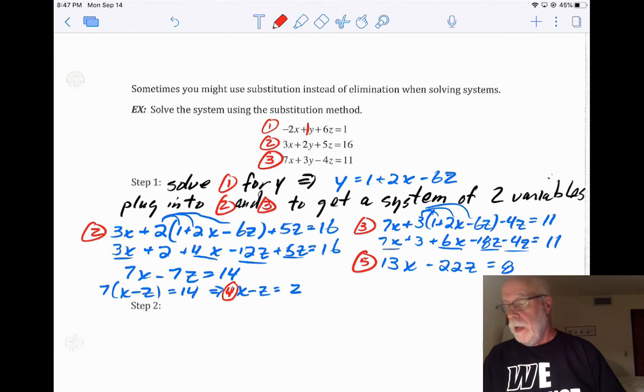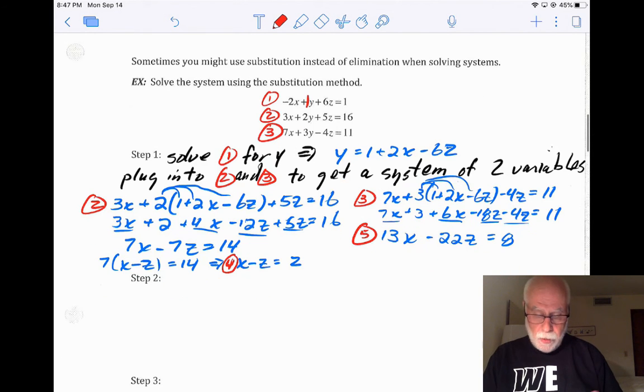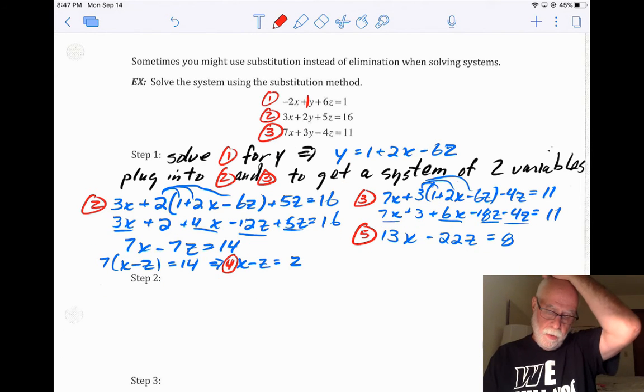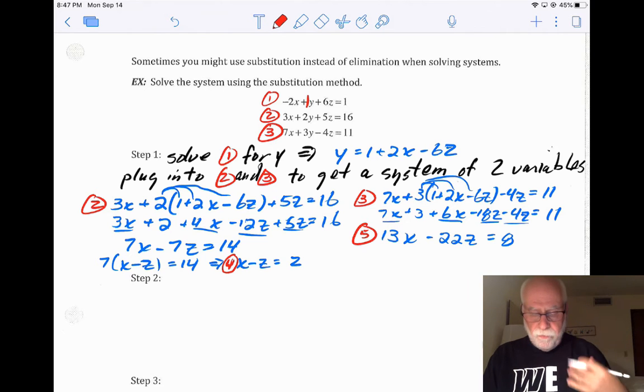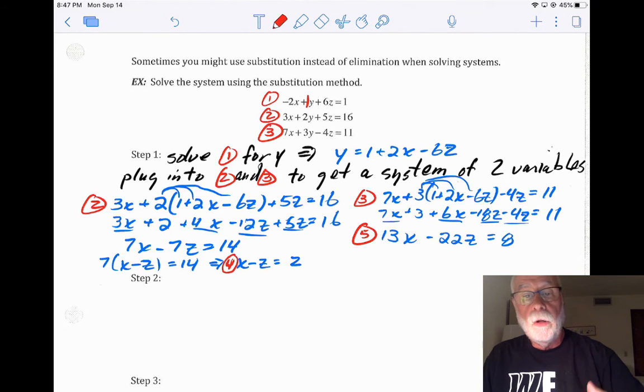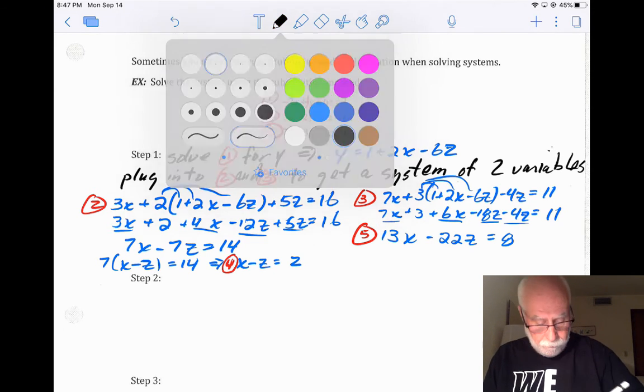Now, remember, I told you that I need to get rid of one of the 2 variables. This time I'm going to have to multiply either 4 by 13 or by 22 to get rid of the x or the z.